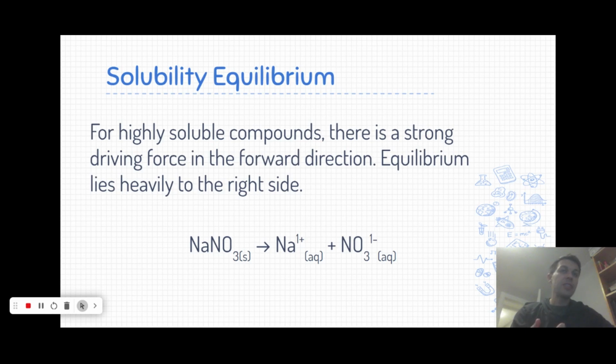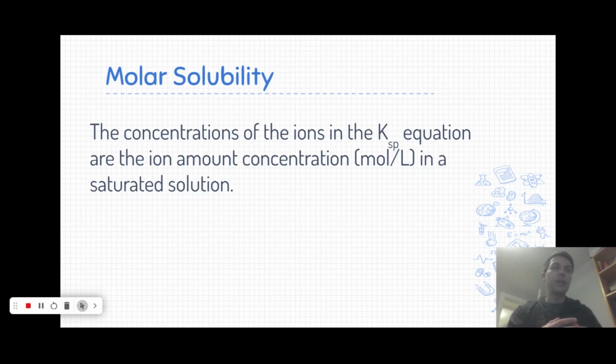Ionic compounds with high solubility dissolve completely. So as a result, the equilibrium essentially lies entirely on the right-hand side under most normal conditions. So we will not be looking at the equilibrium systems involving highly soluble ionic compounds. The KSP equation involves ion concentrations.